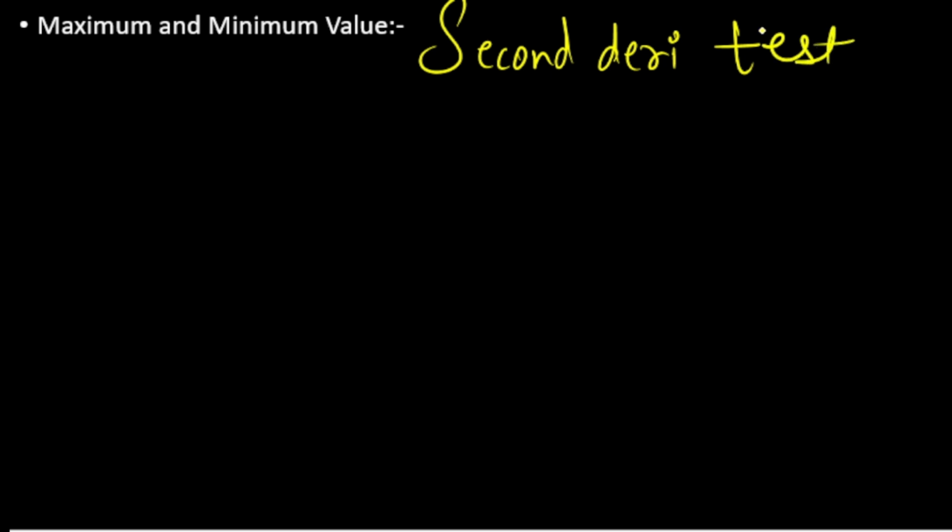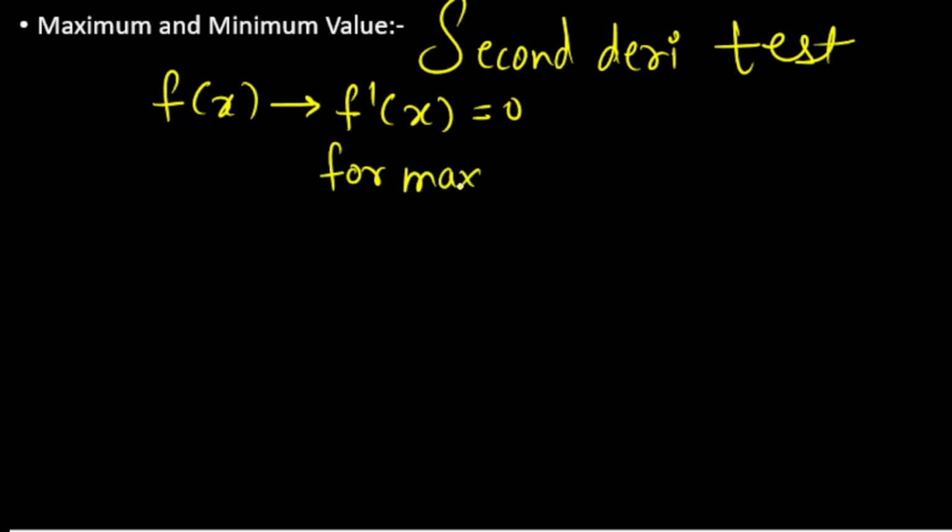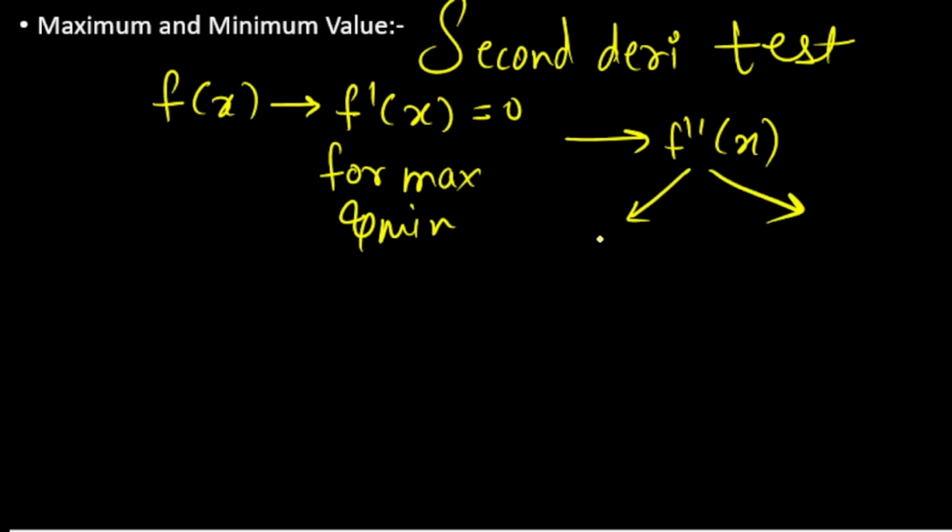Now maximum and minimum value, let us know. Here we need to do the second derivative test. For maxima and minima, f dash of x is equivalent to 0, and for the second derivative f double dash of x we get positive or negative. If it is positive, then it is minima, and if it is negative, it is maxima.